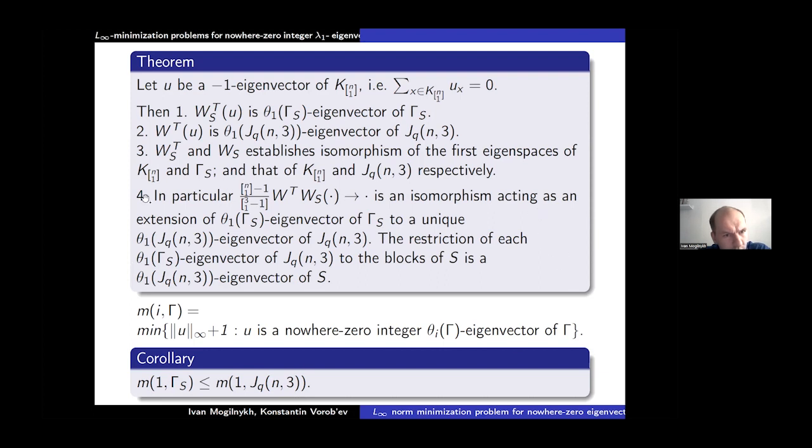It follows from this statement of the theorem. Once we have a nowhere zero integer first eigenvector of the Grassmann graph, one might consider its restriction to the blocks of S. And it's also an eigenvector, and by the choice, this vector is also nowhere zero and integer.